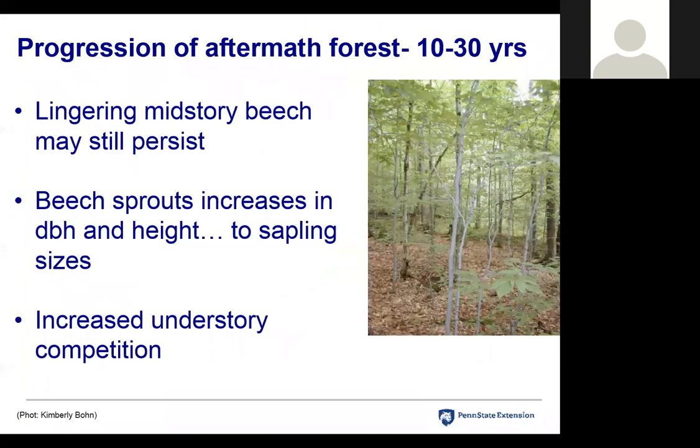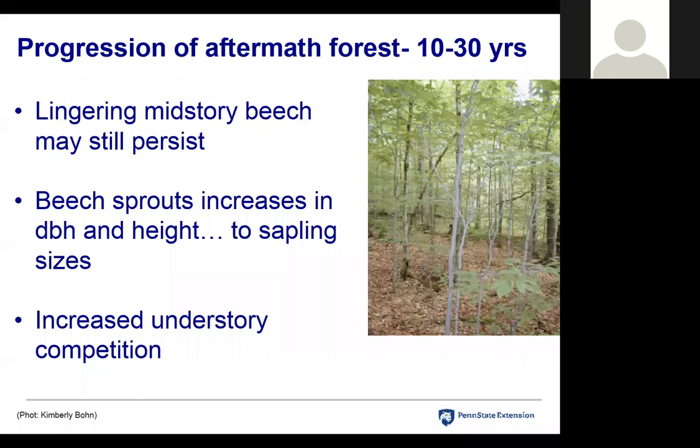And in fact, you can see some structural differences as you progress through the decades of living with this aftermath forest. In those first few decades, after the killing front has moved through and you're in that aftermath phase with the lingering mid-story beech and the sprouts, you see those mid-story beech persisting, sometimes for a couple decades. So you might not get complete mortality. They may linger around.